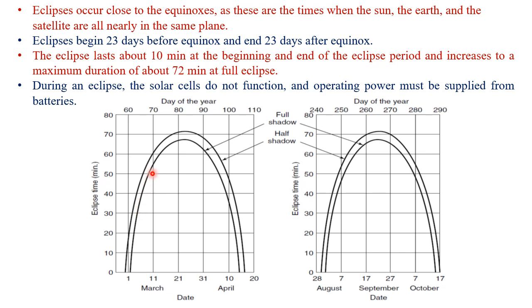So at nearly 11th of March, the eclipse time is almost 1 hour, just 55 minutes, or 5 minutes smaller than 1 hour. But at 22nd or 23rd of March, it becomes maximum and it is nearly 1 hour and 7 minutes, right? Under full shadow condition. The same thing is repeated for September.